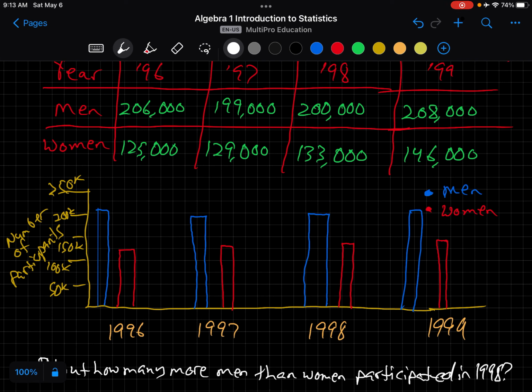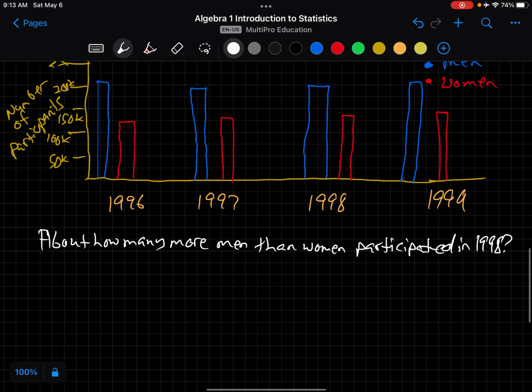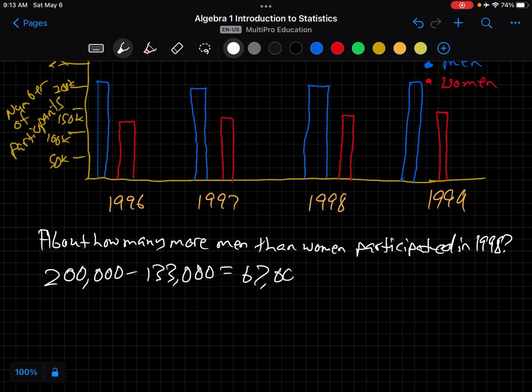So if we look at our table, we don't even have to look at the bar graph. We could do 200,000 minus 133,000. Well, that's 67,000.